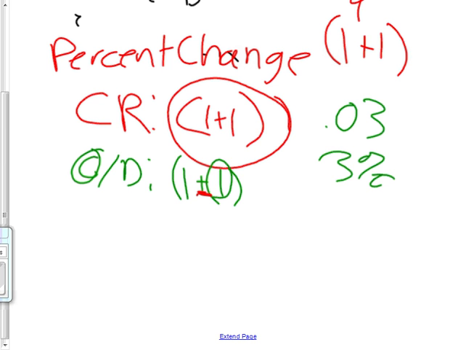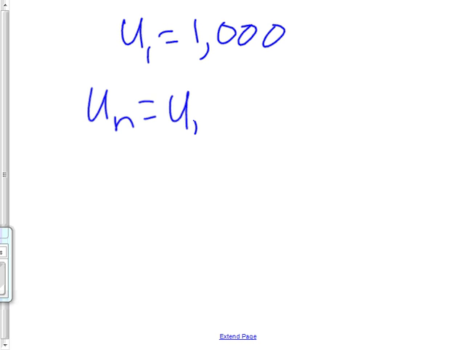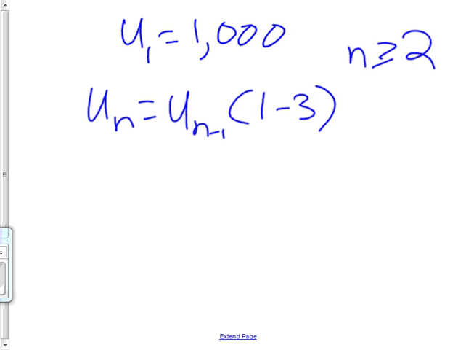So let's just do one more of these because we want to make sure that we're really solid on this. So u of 1 is equal to 1,000, and u of n is equal to u of n minus 1 times (1 minus 0.25), where n is greater than or equal to 2. Why don't you do this and tell me what my common ratio is and what my growth/decay rate is.